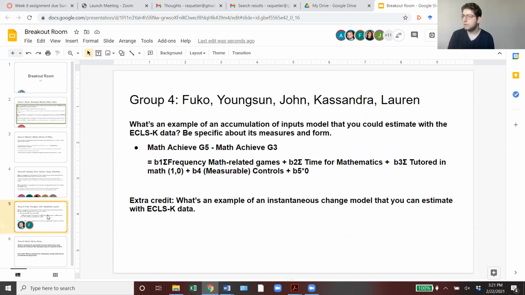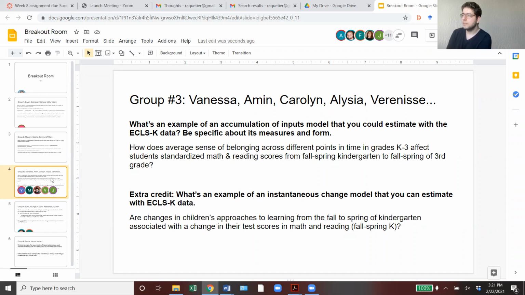Okay, group 4. Also, for the instantaneous model, we think of maybe if children's approaches to learning change from, for example, fall to spring of kindergarten, then how would that affect their math scores or maybe reading scores?